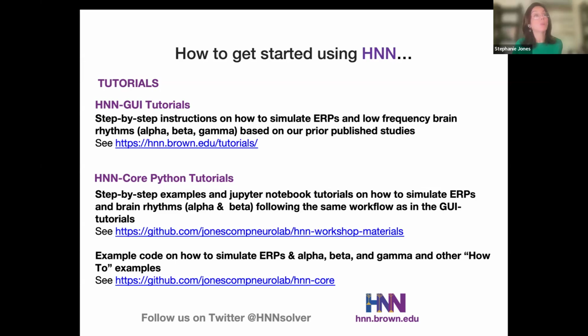We have similar tutorials in HNN Core Python. Again, the idea is you learn it in the GUI, and then you can reproduce the same steps in Python code. And we have some example how-tos on how to get started with the Python code. And again, there's more functionality in the Python code than there is in the graphical user interface, because we just can't build everything into the graphical user interface.